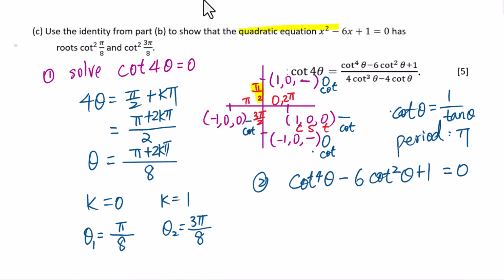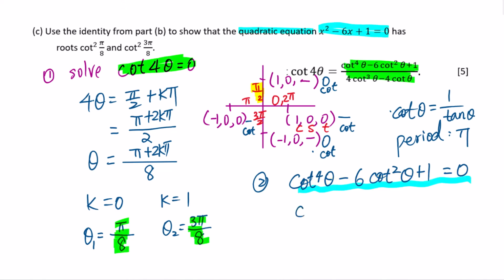We need a quadratic function, so we will change this into a quadratic function: cotangent to the fourth theta minus 6 cotangent squared theta plus 1 equals 0.